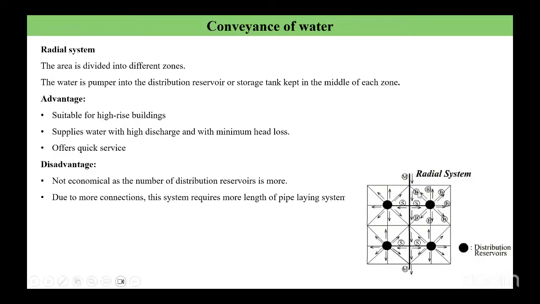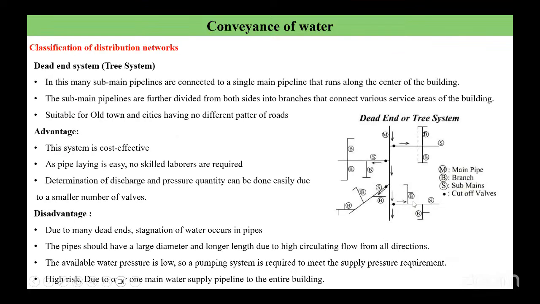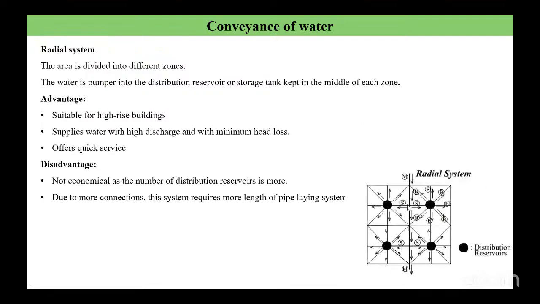These are the several branches, where the center one is the storage tank or the distribution reservoir where the water is getting stored, and it is distributed with the help of several branches and also with the streams. And there are also sub mains, getting water from one system to the other system.